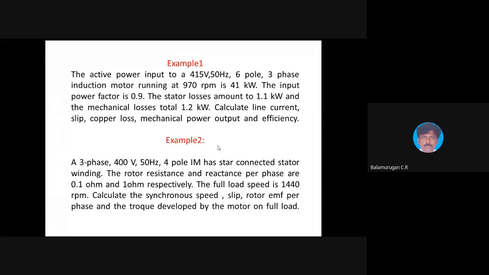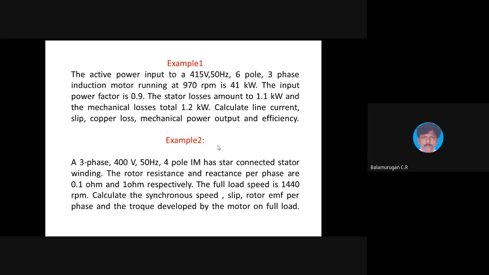I square R. For 3 phase, it is 3 I square R. But in terms of slip you will have a different formula. Copper loss means you are supposed to calculate PC. So PC we call the copper loss. Then what is the formula for PC? PC equal to P2 minus PM.